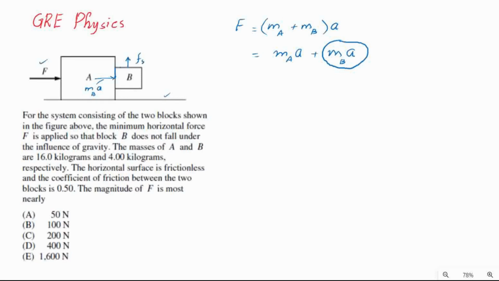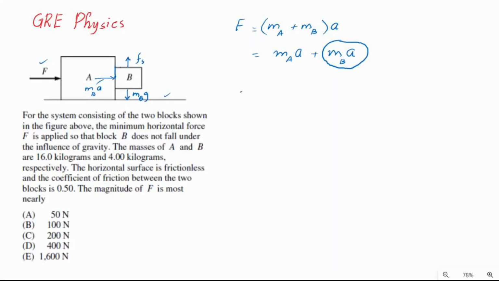That is, the magnitude of this frictional force should be equal to the magnitude of the weight of block B, mb times g.